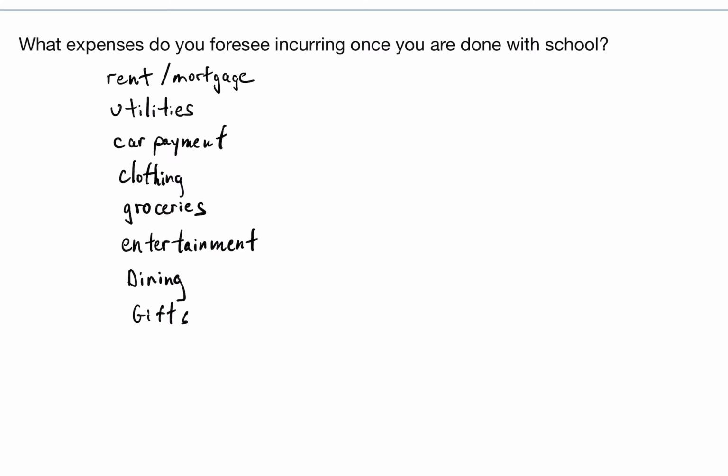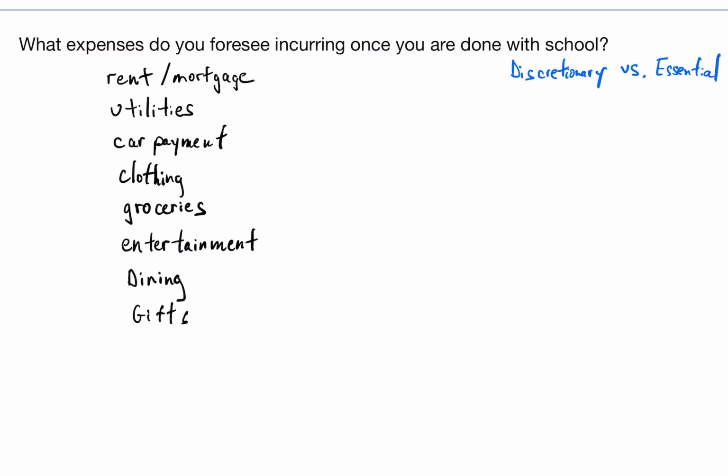Now, this is not comprehensive, but what I wanted to do is go down this list and explain what is the difference between essential and discretionary expense. So, discretionary versus essential.